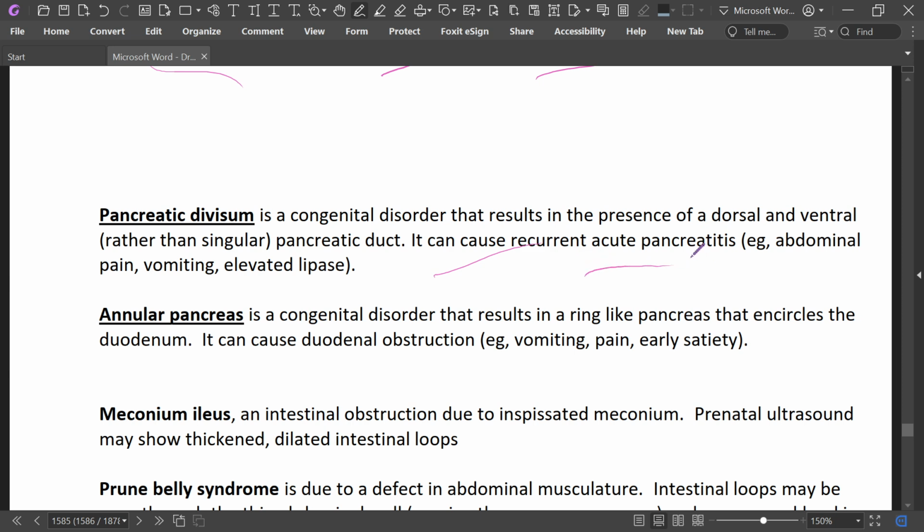It can result in acute pancreatitis, and annular pancreas, a ring-like pancreas that encircles the duodenum.